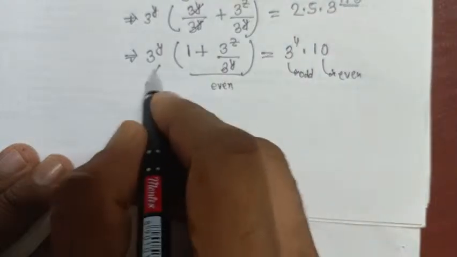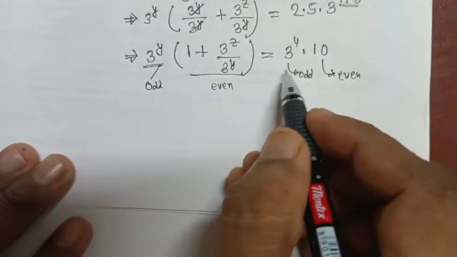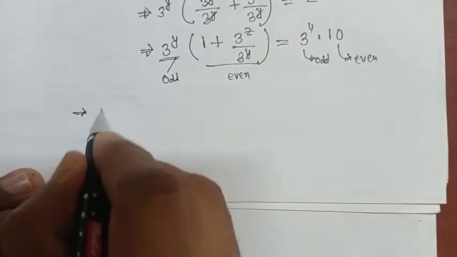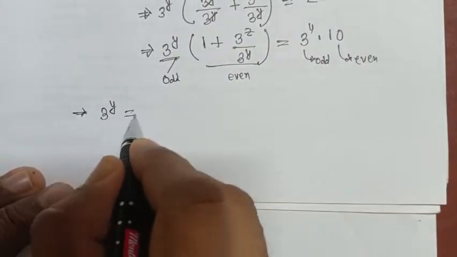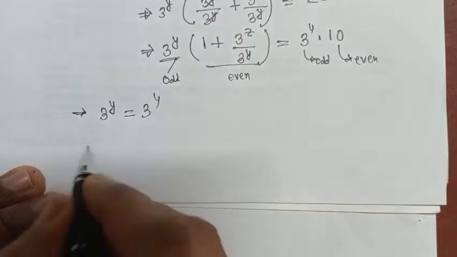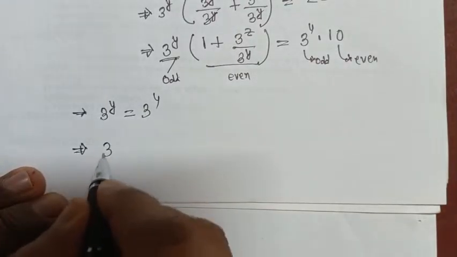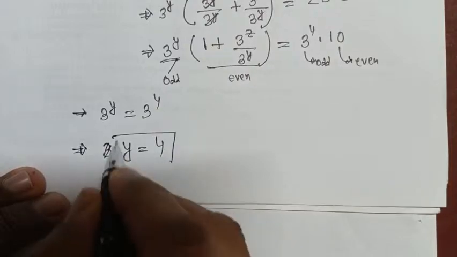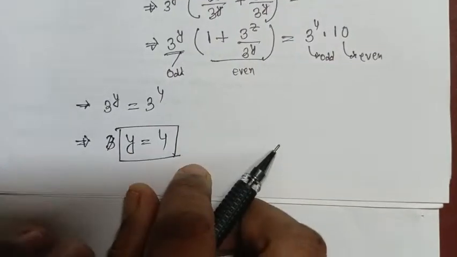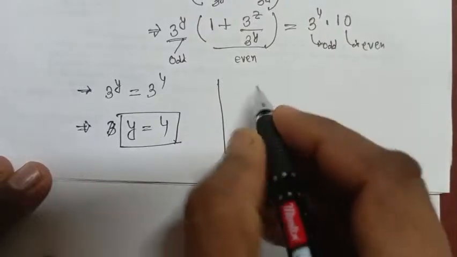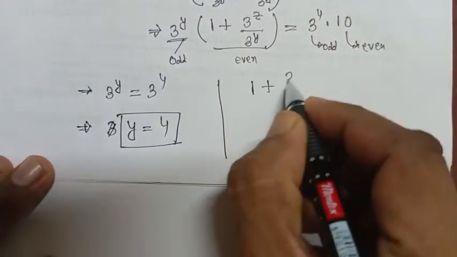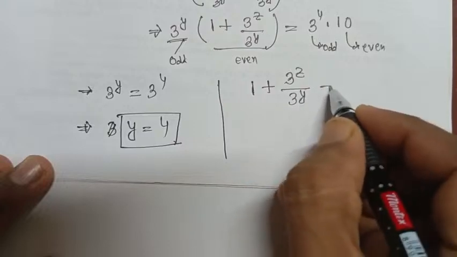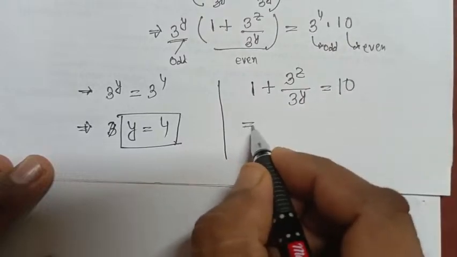If we compare both sides, base and the value, we can write 3 to the power y is equal to 3 to the power 4. Again we can get y equals 4, and the other part will be 1 plus 3 to the power z by 3 to the power y is equal to 10.